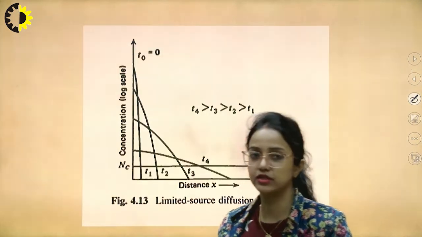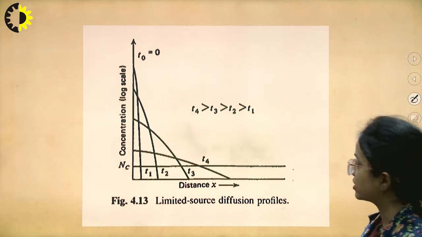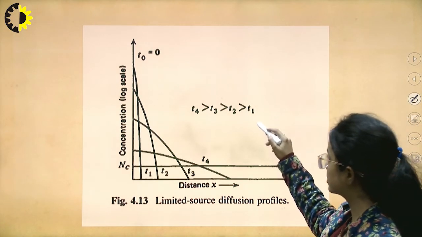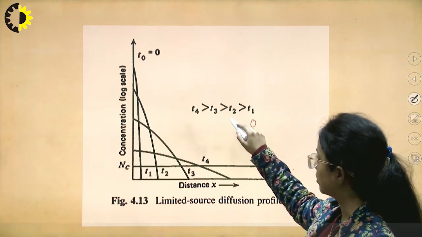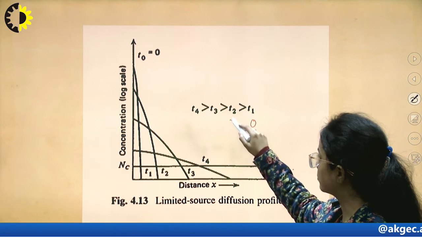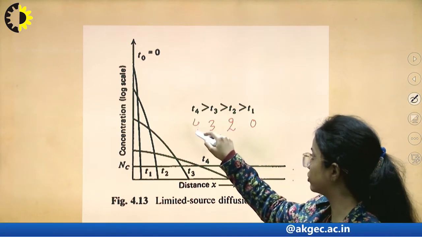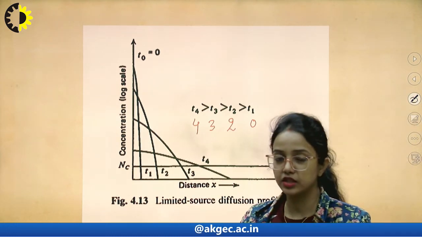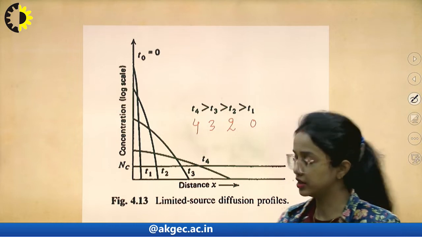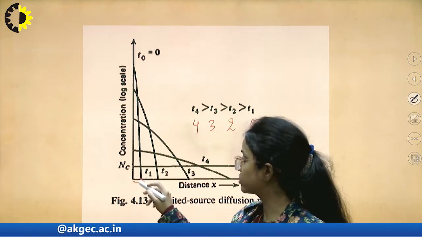It is the drive-in step. Here we have seen that as the time advances, let's say from the 0th second to 2 nanoseconds, 3 nanoseconds, 4 nanoseconds. At the 0th second, the doping and the impurity is only at the boundary, so the thickness is of course very much less.